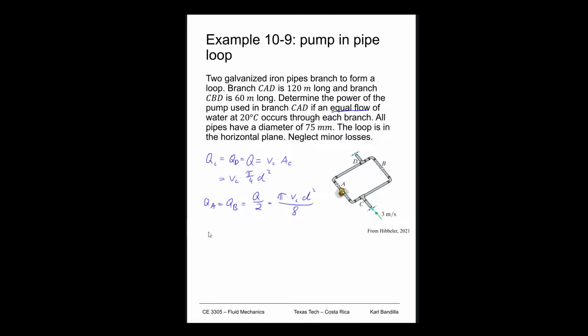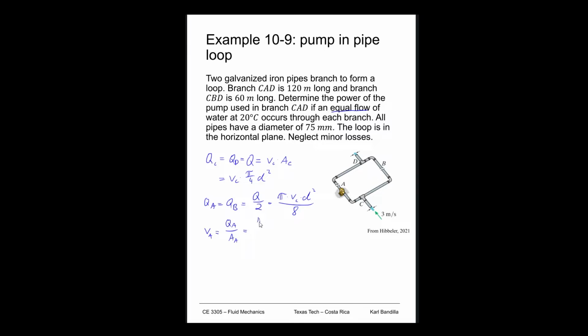How about the velocity at A, right? We'll need that to figure out what our major head losses are. So we can say VA is then going to be QA divided by AA.